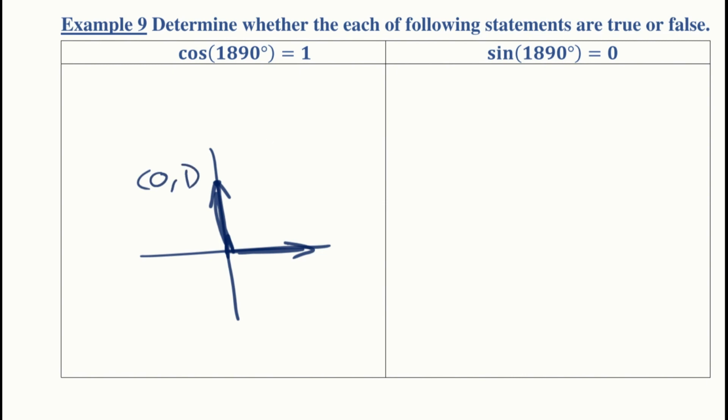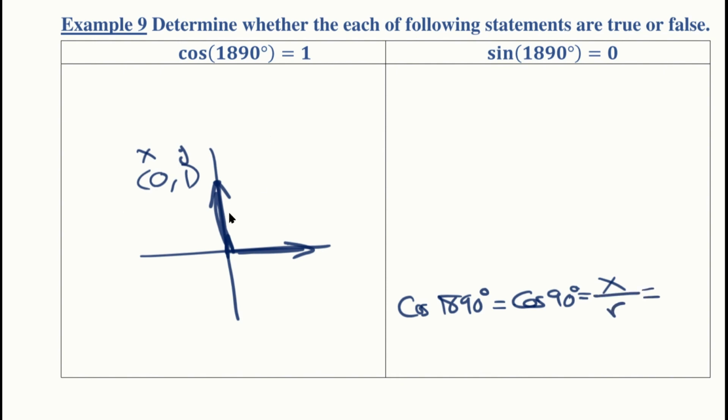Okay, so this being x, this being y, so we know that for an angle that looks like this, because remember the cosine of 1890 is going to be exactly the same as the cosine of 90 because they're coterminal. So the cosine is x over r, right?